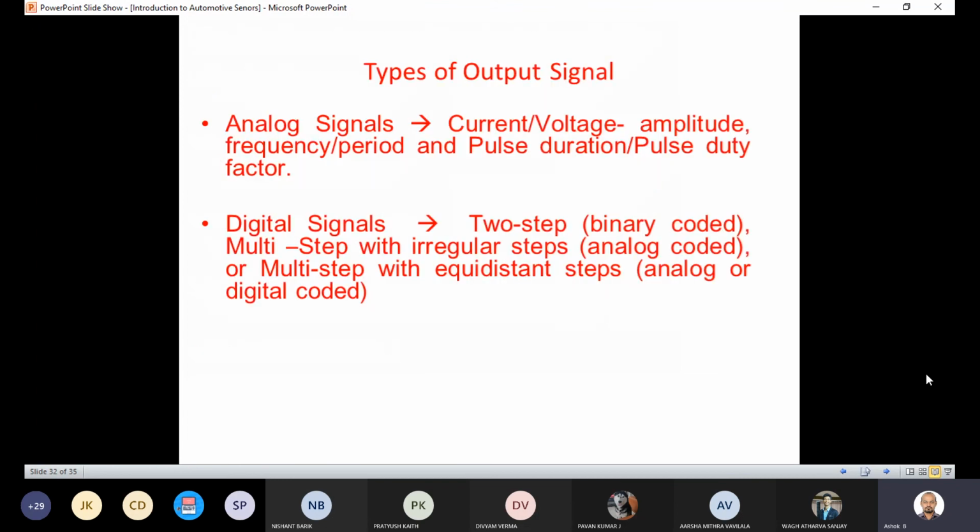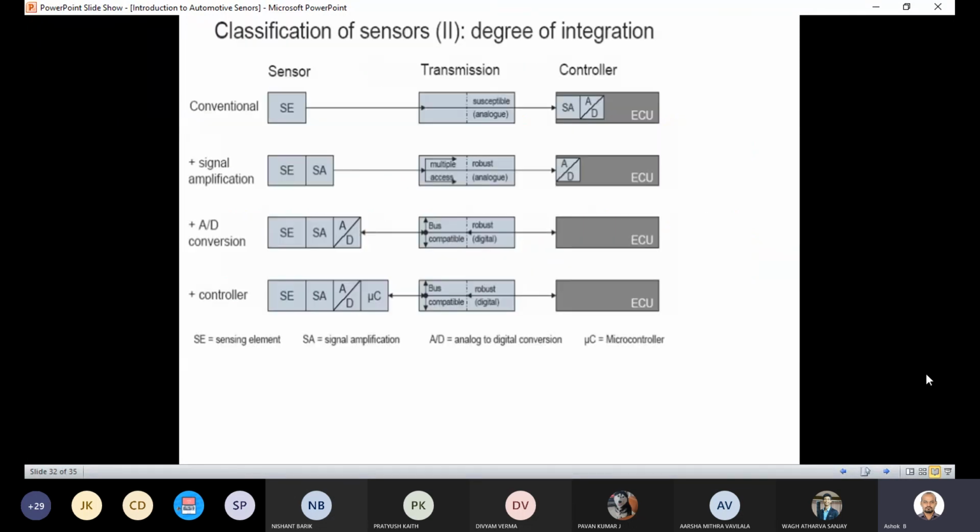According to the output signal, we can classify sensors into analog output sensors and digital output sensors, so it can provide a direct digital output also. For example, based on the degree of integration, a conventional sensor has only a sensing element, whereas the signal conditioning and A to D converter are all present inside the ECU or the controller.